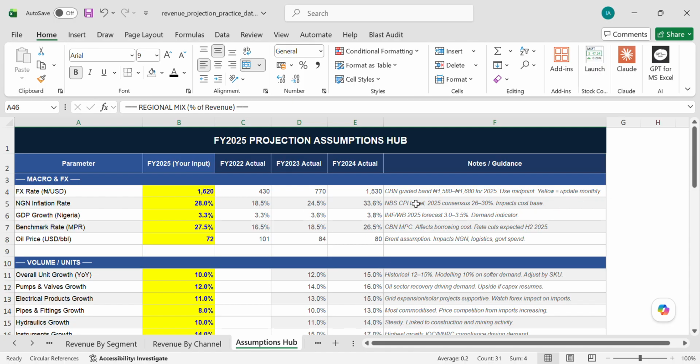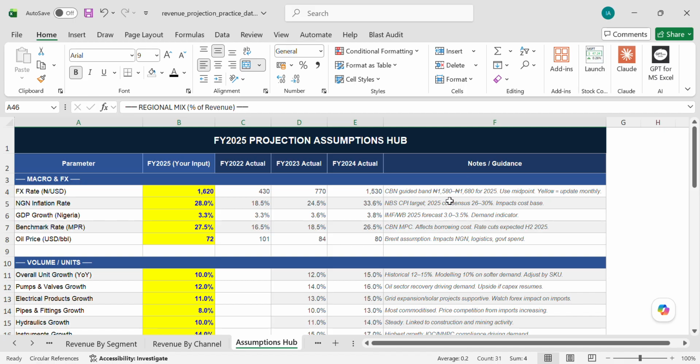Now, what this simply means, I put this comment as a guide for anyone who is looking at your model. You want them to understand the reasons behind your assumptions. So they should not ask why you used 1,600. You are saying, based on historical trend, this is how the business has been doing and how the FX rate has been going, and I've also looked at the CBN website to see what projection they have made for the coming year, 2025, and you can use that.